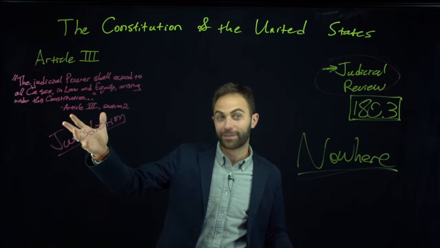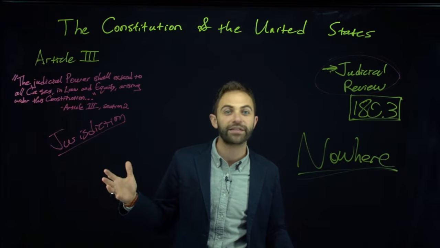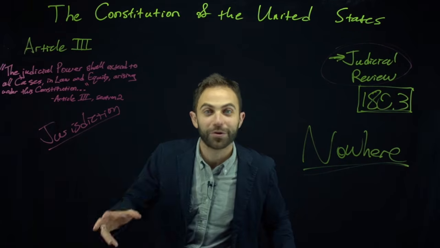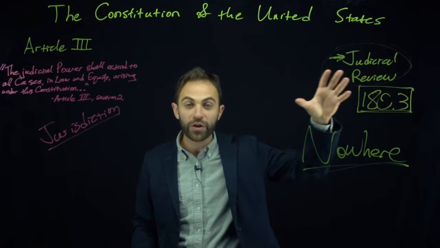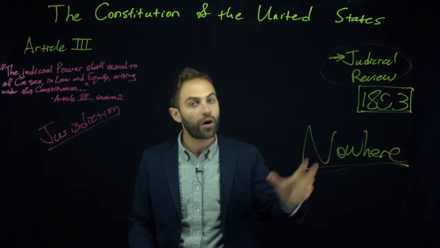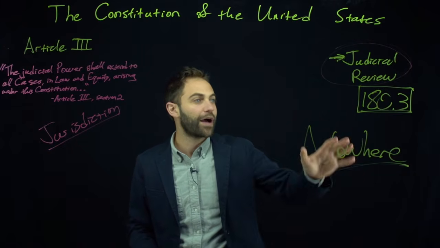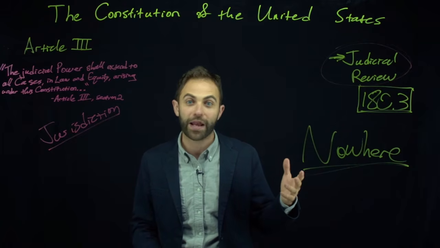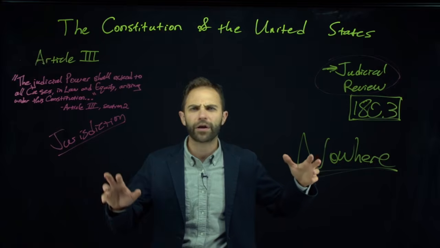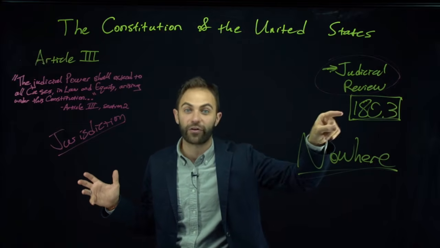That's not specified anywhere when you're specifying the mere territory of cases that a court can hear. So I really hope you believe me that the power of judicial review, this enormous, incredible power, although constrained in certain ways, that the Supreme Court has, is not granted to the Supreme Court anywhere in the Constitution. I'm going to go make another video explaining how the court gave itself that power.